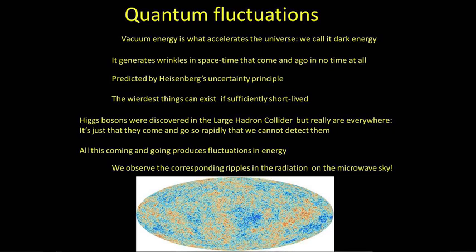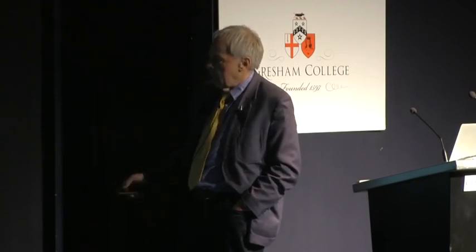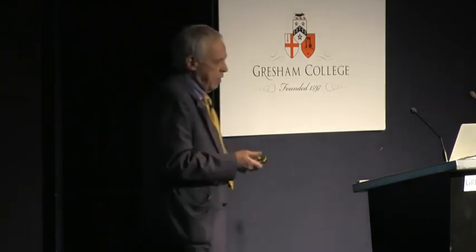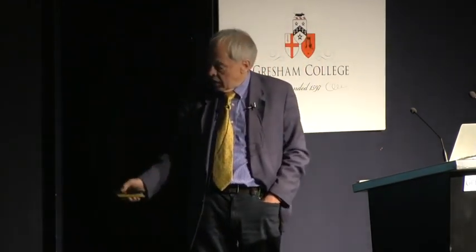When you look at this radiation, you see these slight variations from place to place. And these variations occur all over the place, and they can only be explained by quantum fluctuations at the beginning of the universe. Nothing created them in any terms of physics that we understand. So this is the physicist's explanation for the origin of these fluctuations.